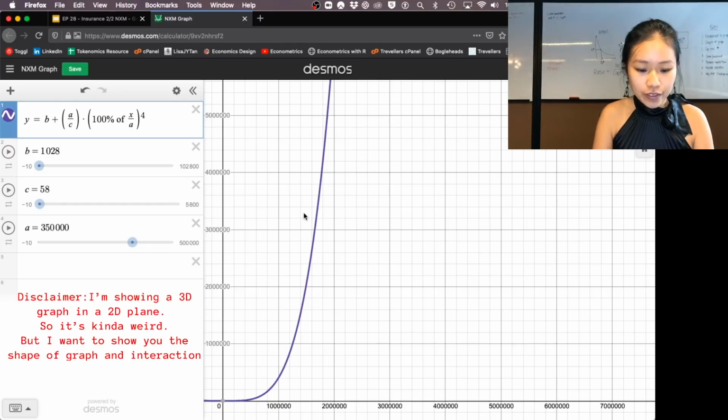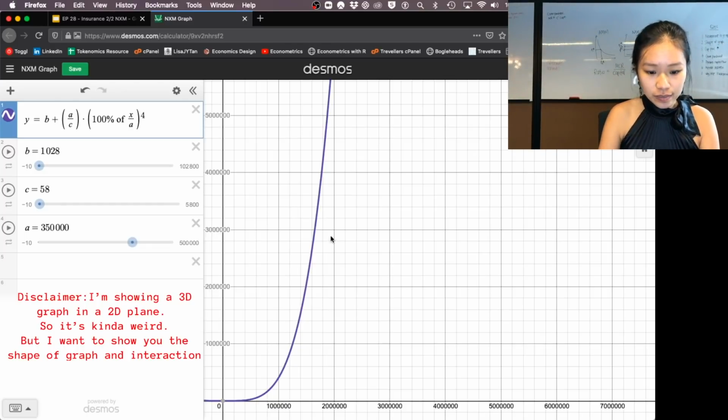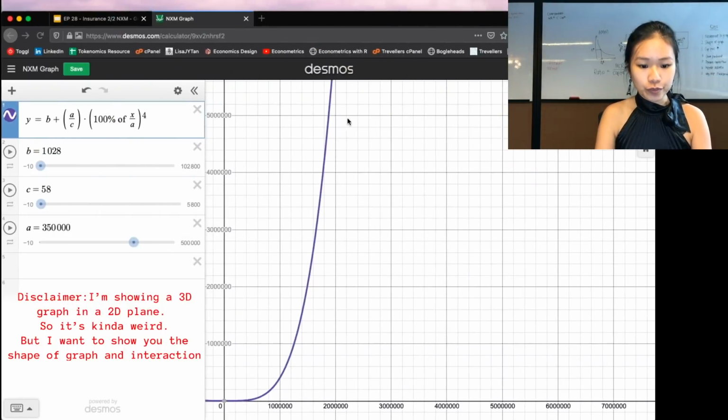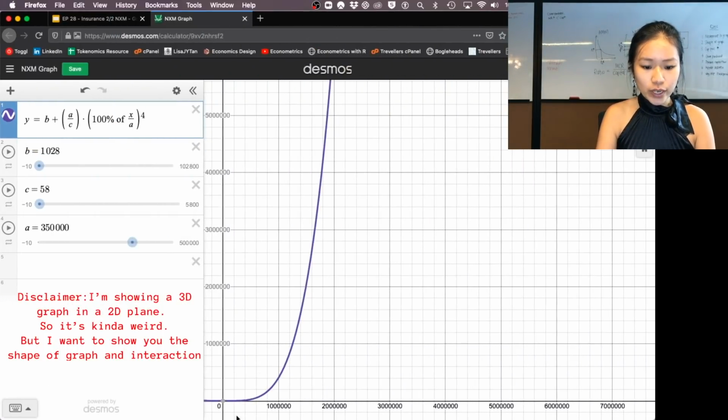If the capital increases, you just go along the graph line, and you realize that the price of the NXM token also increases. That's how the graph moves. So the way to move along the graph is to add more capital and increase the token price, or if you remove capital, then you reduce your token price.